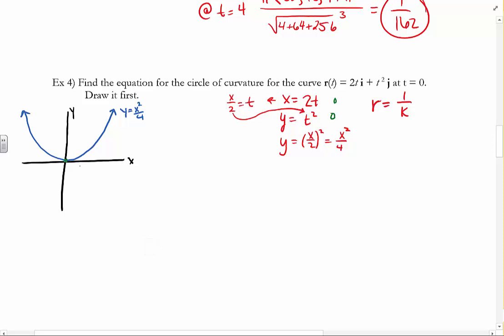I want to draw the circle of curvature at this point. What we're trying to find is what circle can nestle itself down in there and be tangent to that parabola. That's what a circle of curvature is: it's tangent right there to that parabola, so that the curvature right here at this bend equals the curvature of this circle. All right, so that is what we are going to match up.